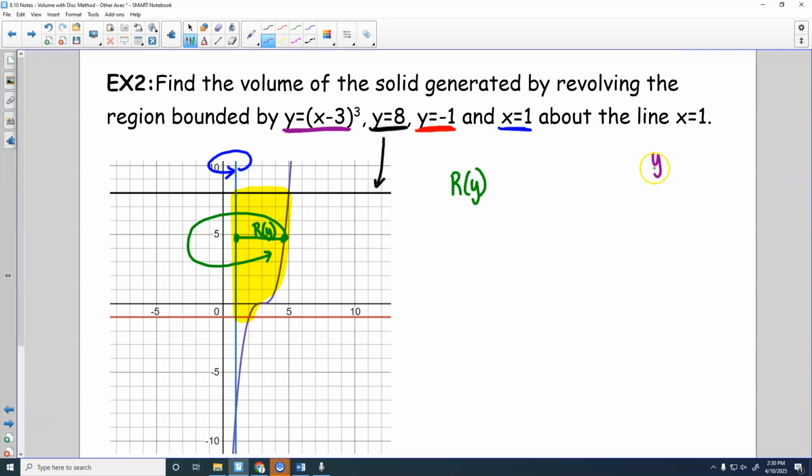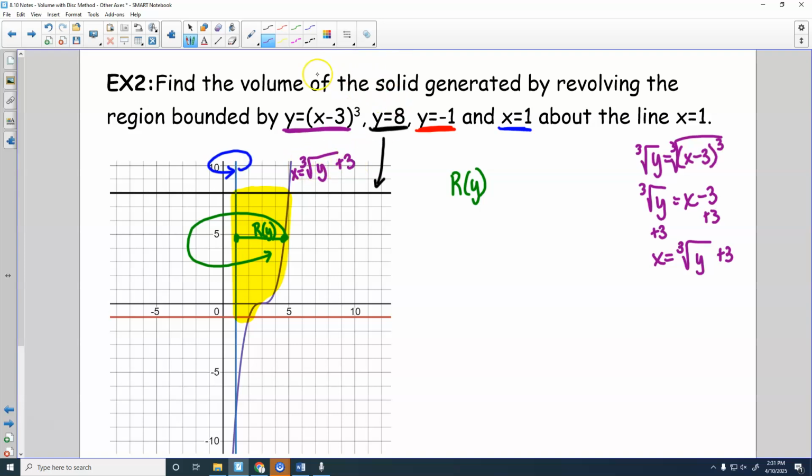So I've got y equals x minus 3 cubed. What do I need to do first? Cube root. So I got cube root of y equals x minus 3. Now what should I do? Add that 3. But I don't want to put those together, so I'm just going to have cube root of y plus 3.